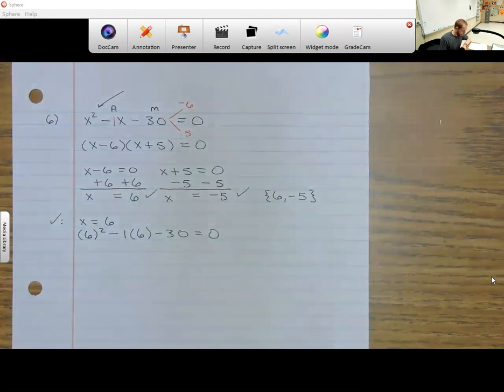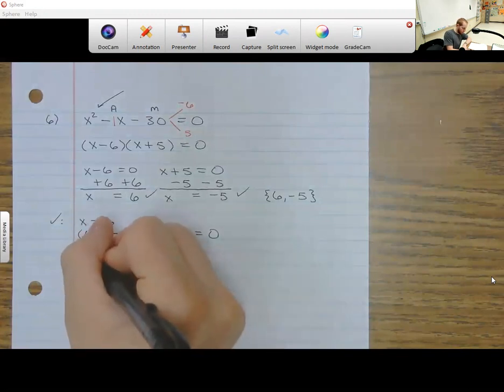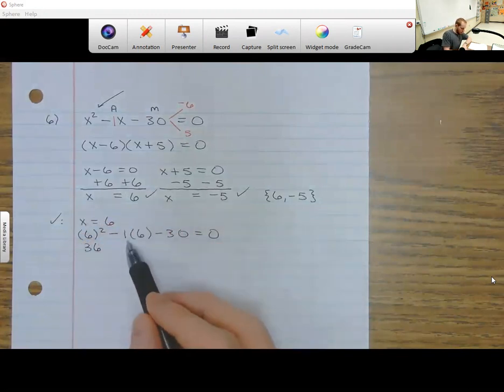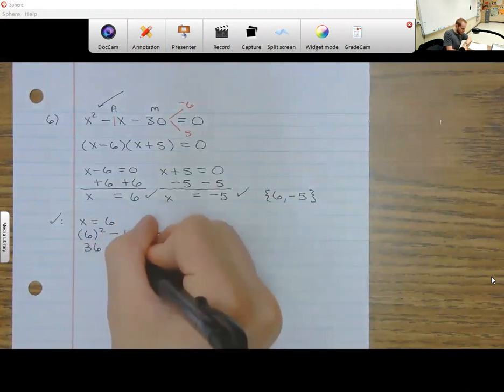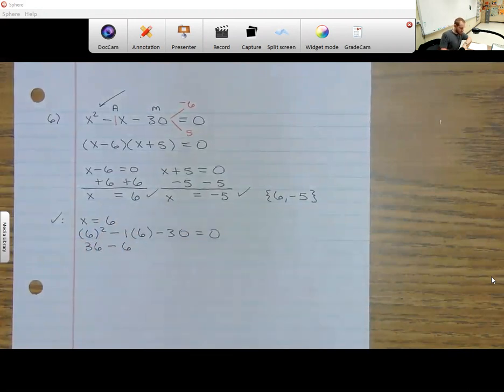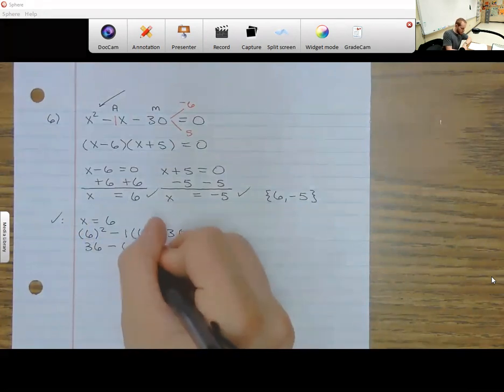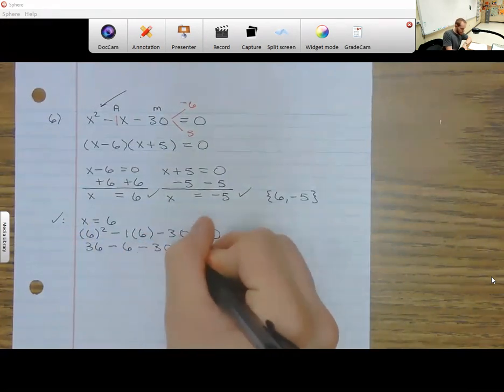Okay? So the first thing I would do is square the 6 to get 36. 1 times 6 is just 6, right? So I get minus 6. And then I bring down the minus 30 equals 0.